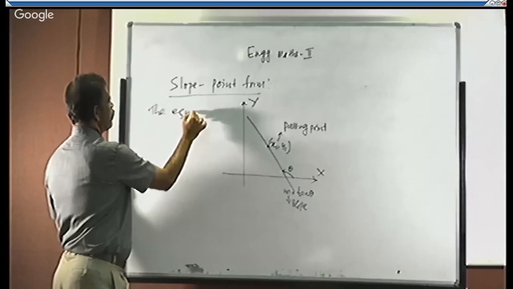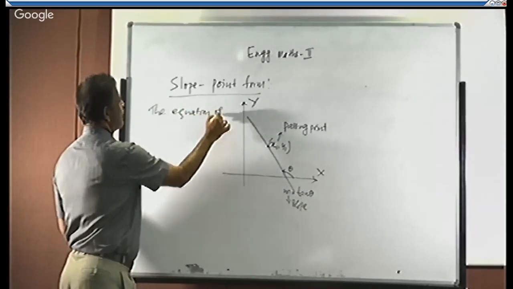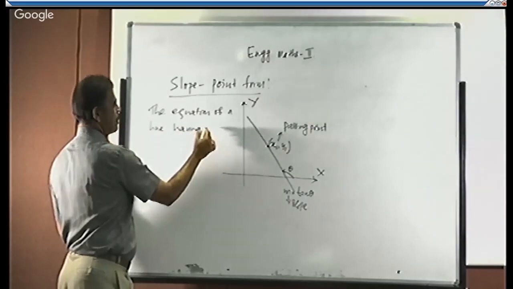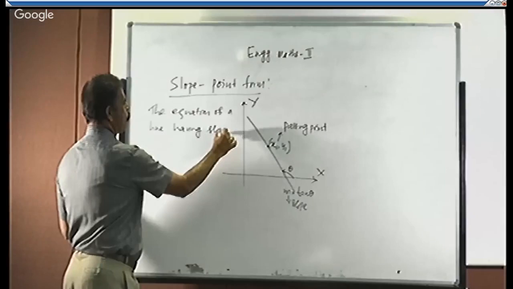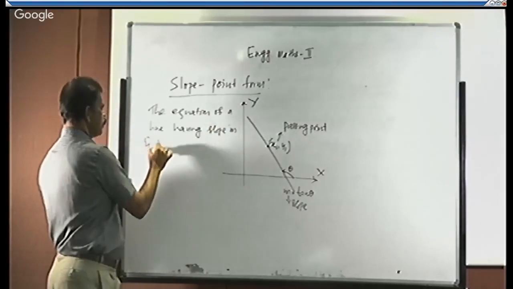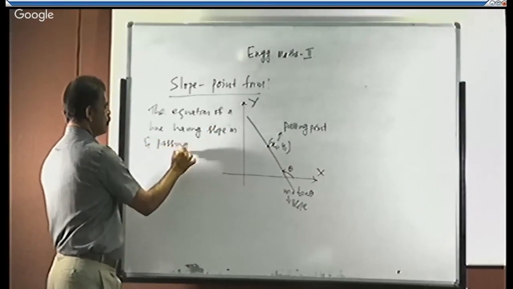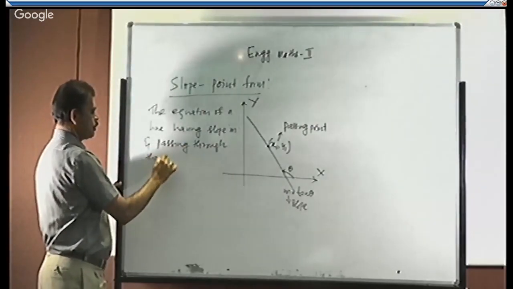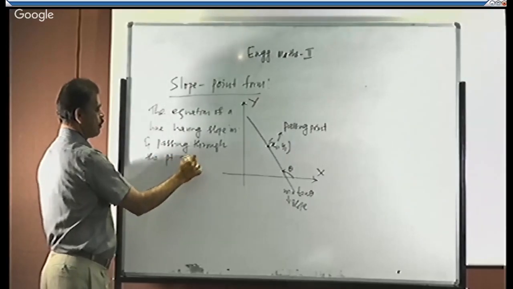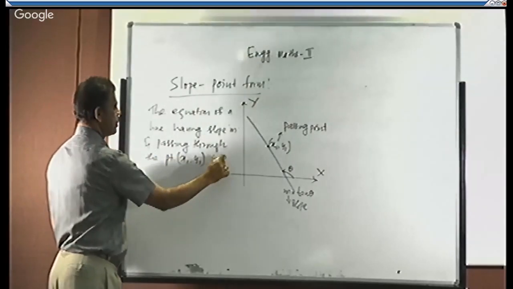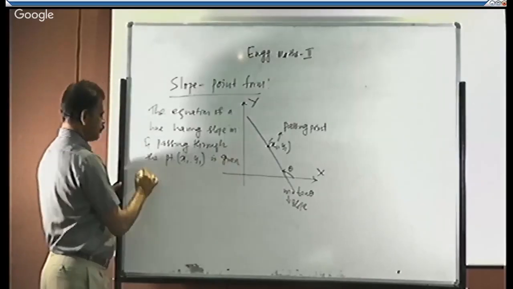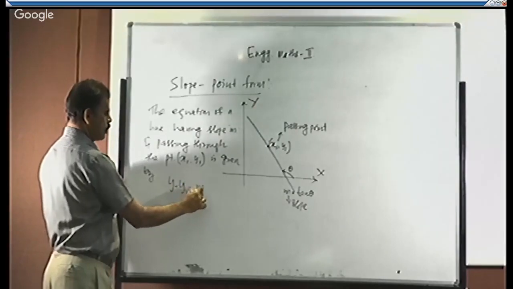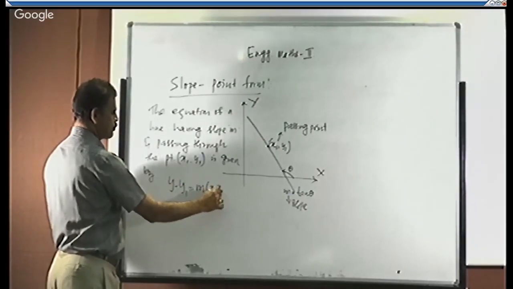The equation of a line having slope m and passing through the point x1, y1 is given by y minus y1 is equal to m into x minus x1.